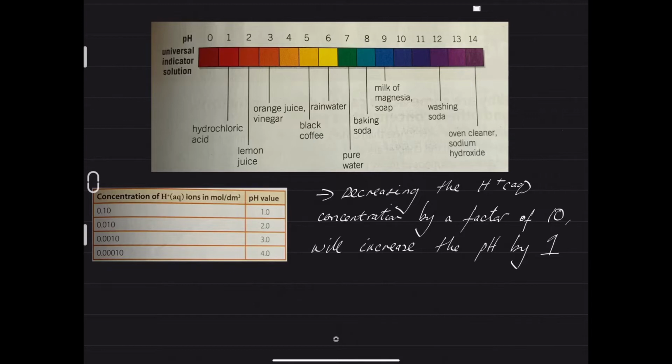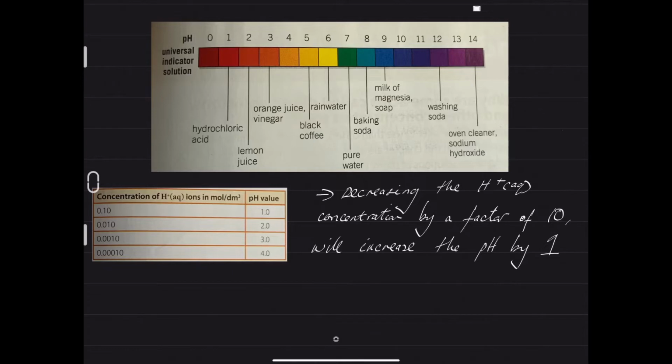If we increase or decrease the concentration by one order of magnitude, this has a corresponding impact on the pH value.